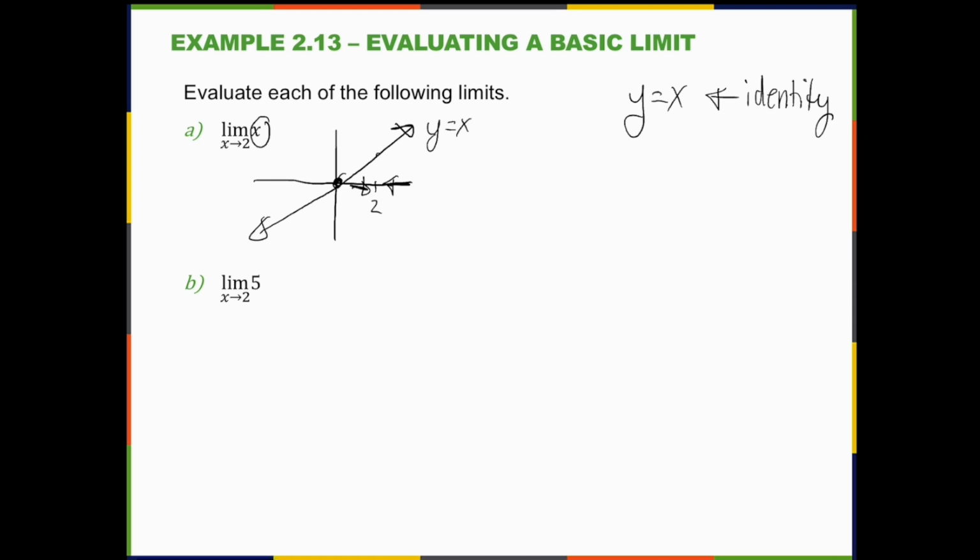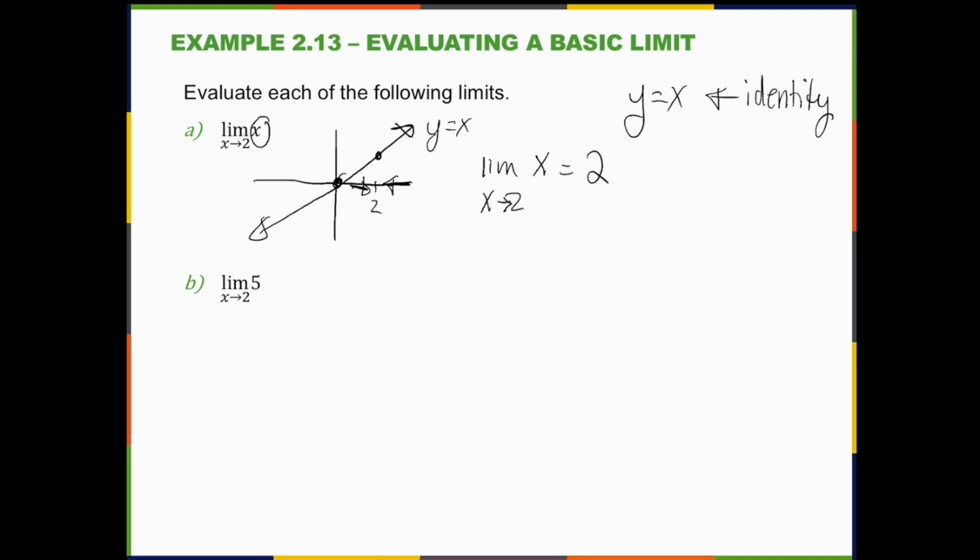So as x approaches 2 from either direction, I'm getting closer and closer to the y value of 2. So my limit as x approaches 2 of the function x is going to be 2.